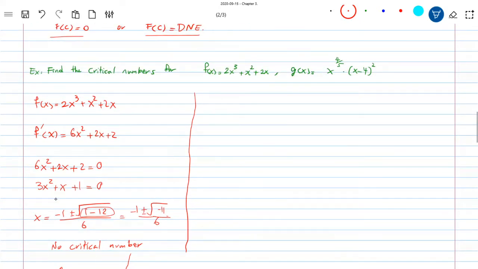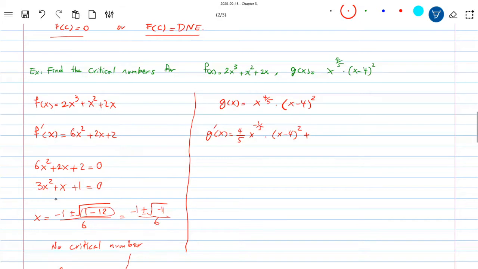But here, look at the g function. We're looking for the critical number again, of x to the 4/5 times x minus 4 squared. By the way, 4/5, if you don't know, means the 5th root of x to the 4th. Since we want to take the derivative, g prime x would be 4/5 x to the negative 1/5 multiplied by x minus 4 squared.